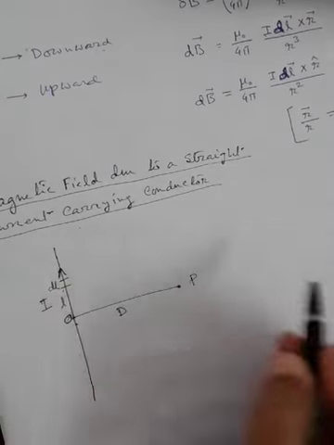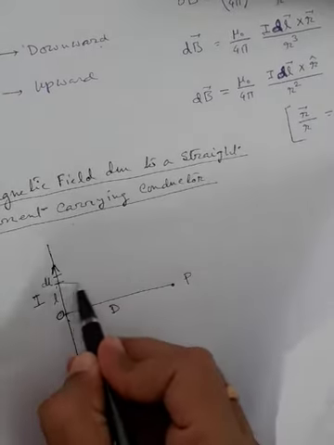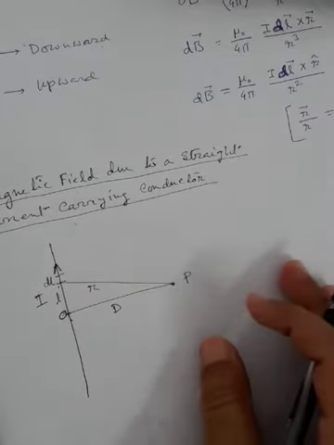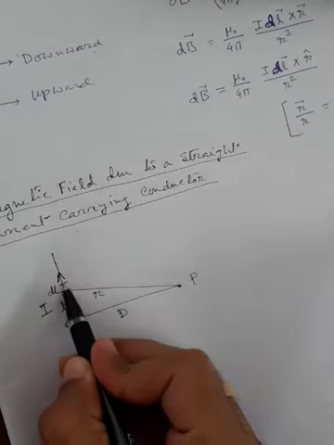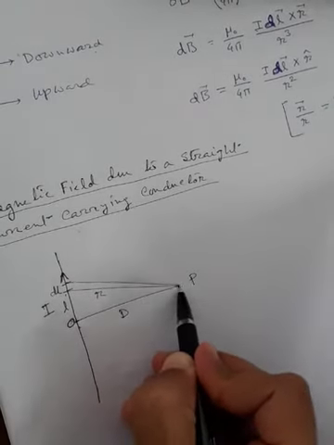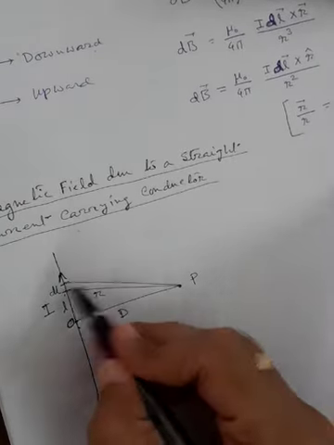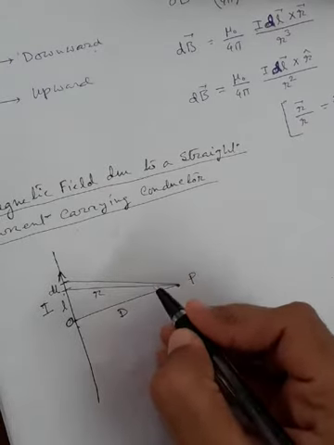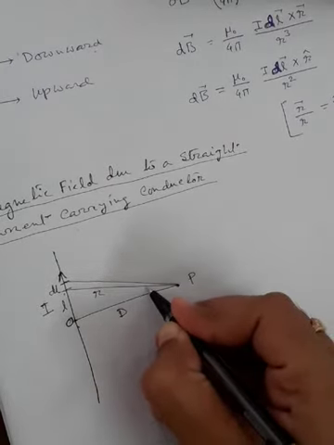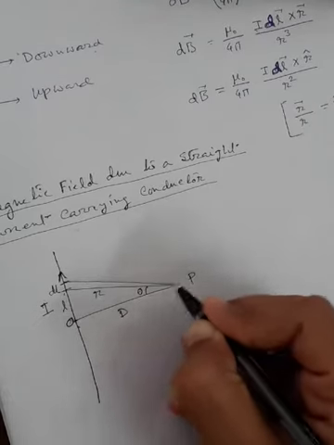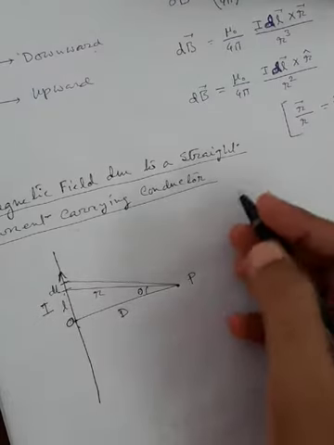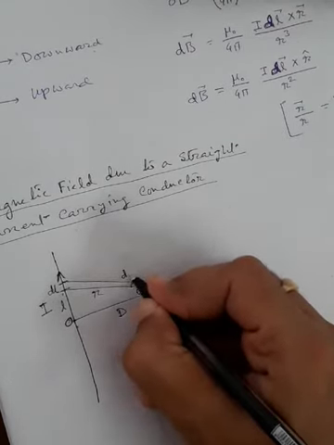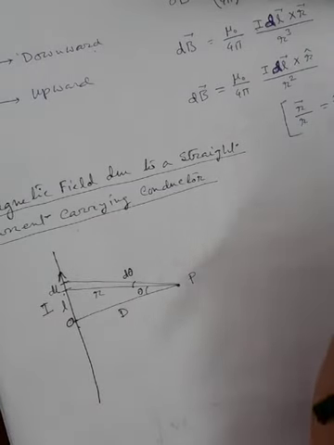The distance of this element dl from this point P, say R. Again, join these two points. Consider this angle is theta, and this small angle is d theta.